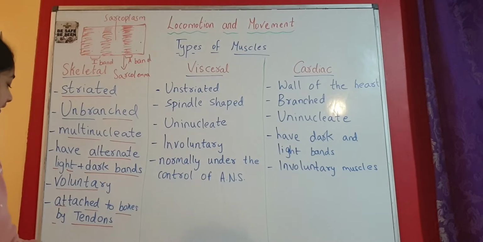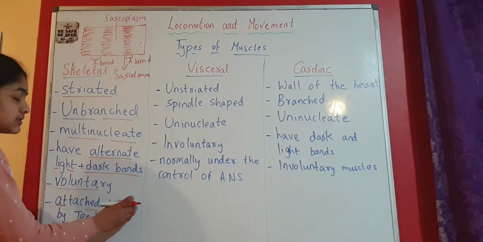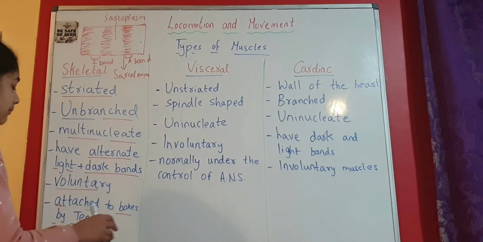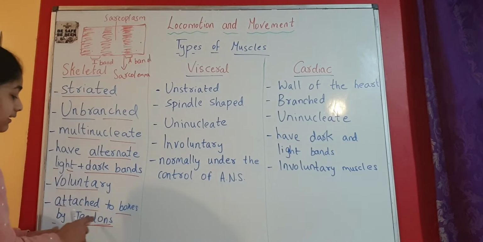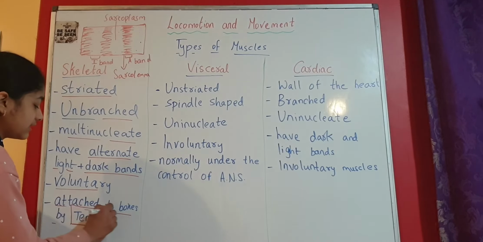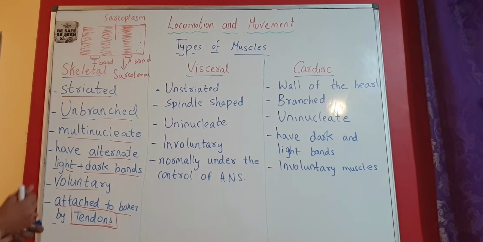That's because they're attached to the bones or the skeleton by tendons. So muscles are attached to bones by tendons. With the help of tendons, they attach to the skeletal system.